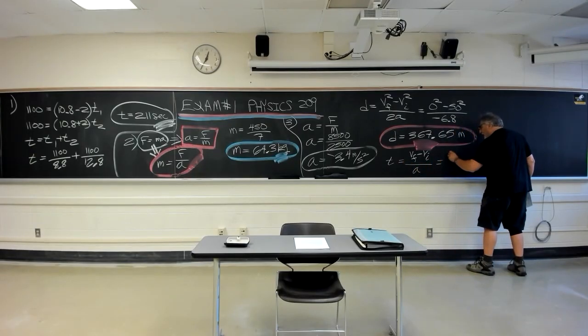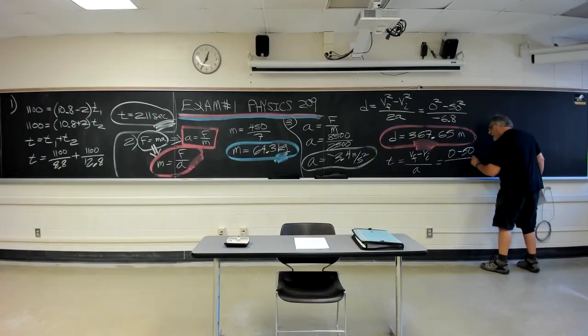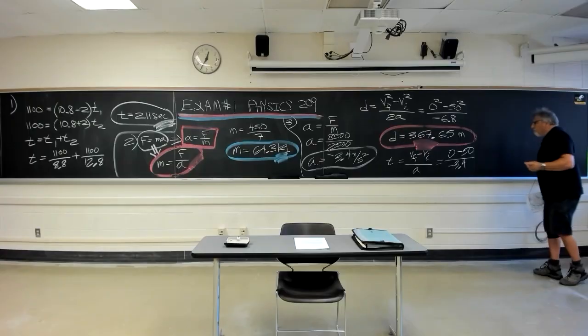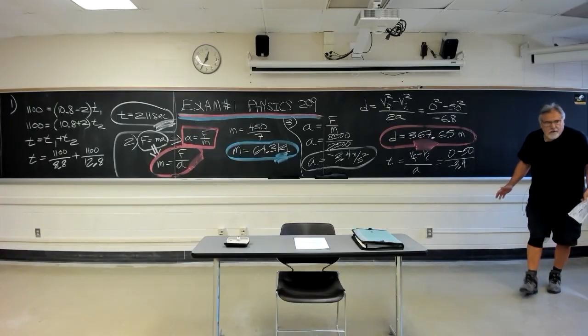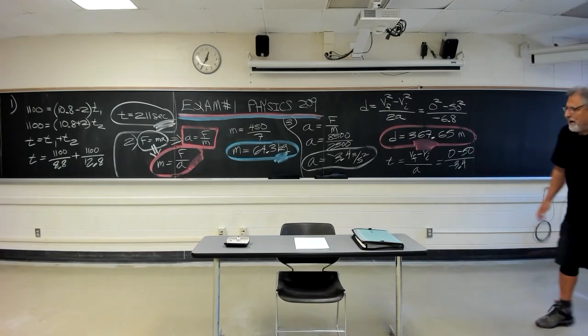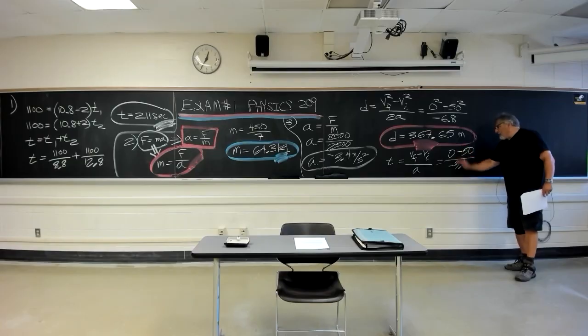But the final is this. The initial is 50. The acceleration is negative 3.4. And this is going to be negative 50 divided by negative 3.4. I do not have a calculator on me right now, guys, and we're not even being asked to do this. But you get the idea here. Negative divided by negative is a positive answer.